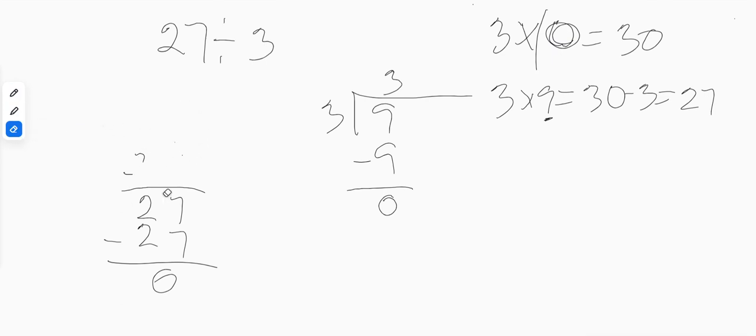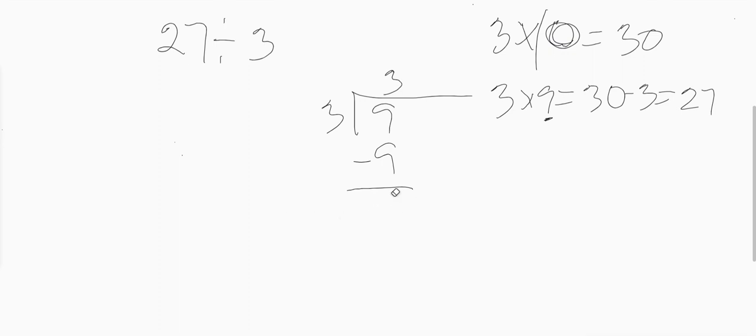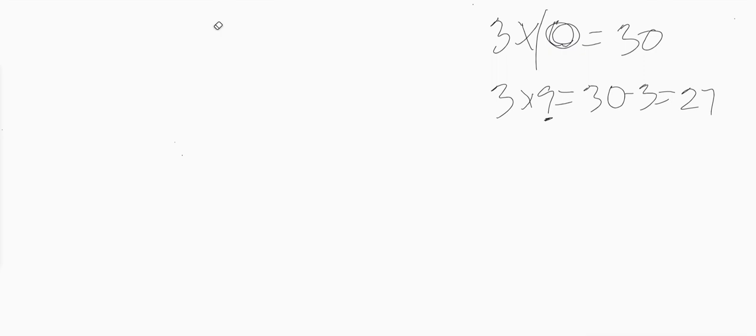Now, I'm going to give you one that is a little bit more taxing on the brain, but I'm going to keep it a little bit simple for you so that you can kind of follow along. We're going to do an even number. We're going to do 3 divided into 26. See?